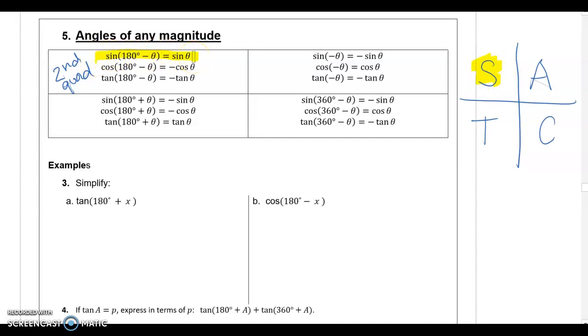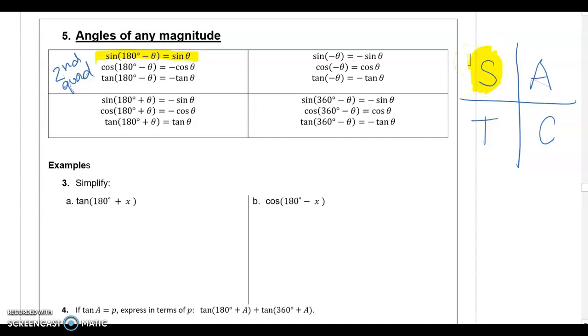If you recall, in that second quadrant we were looking at sine of 180 degrees minus theta, or minus our acute angle, and sine was positive, so that was equal to sine theta. Cos of 180 minus theta was equal to minus cos theta, because cos was negative in that second quadrant along with tan. So that's just restating that second quadrant rule.